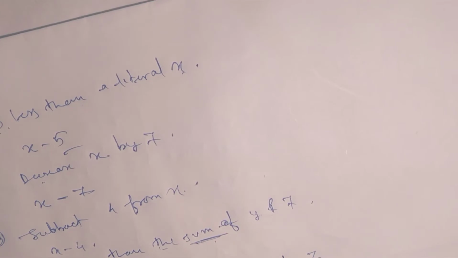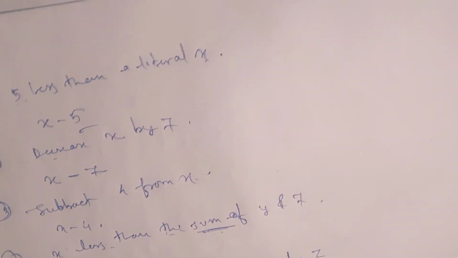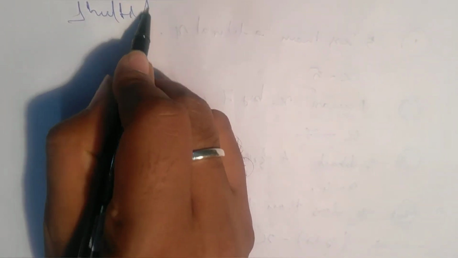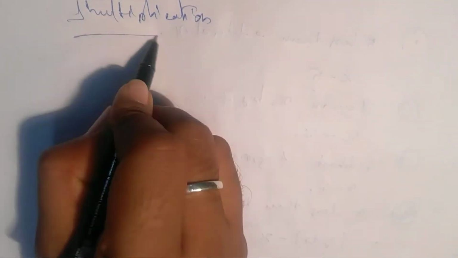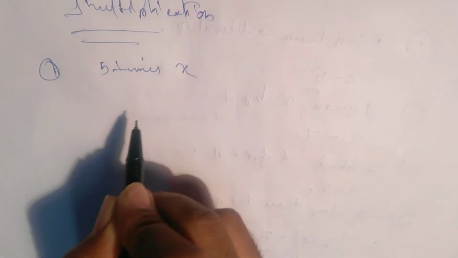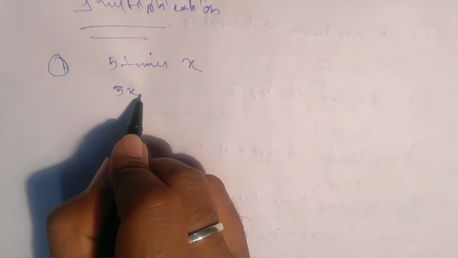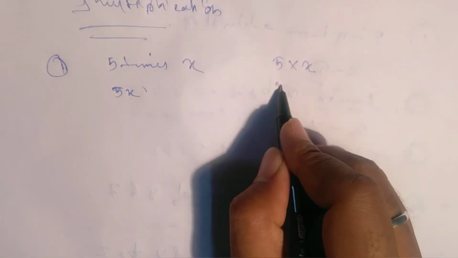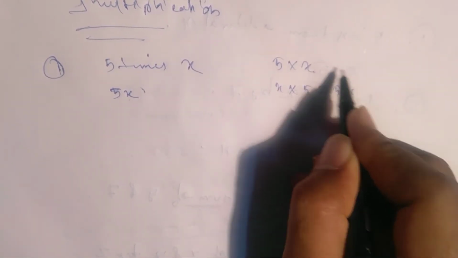Now let's go for multiplication. Examples for multiplication. First one, 5 times x. How are you going to represent it? 5x. Remember, whenever you get 5 into x or x into 5, we write 5x.